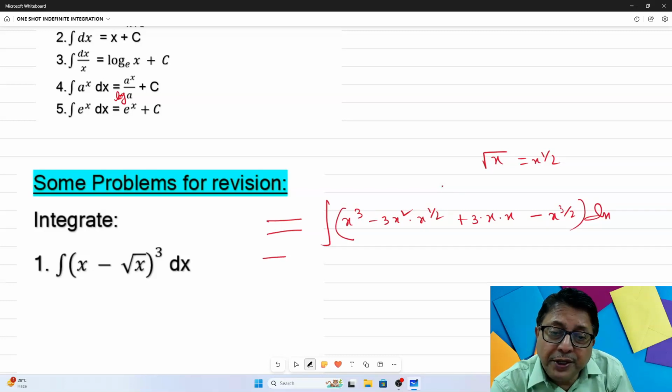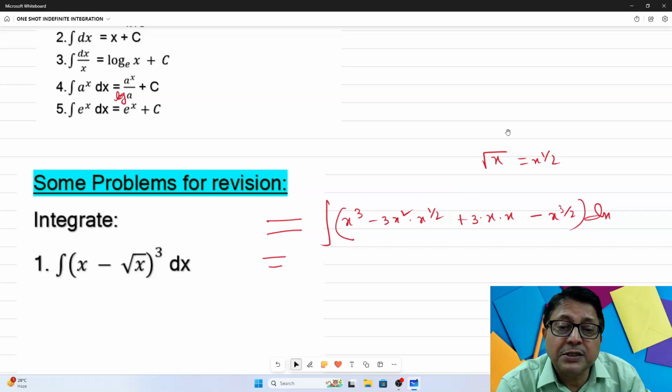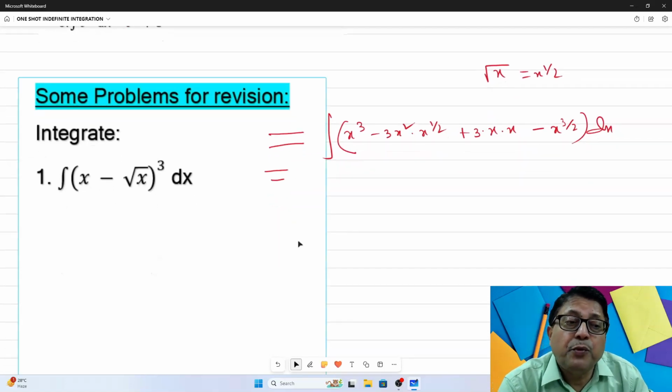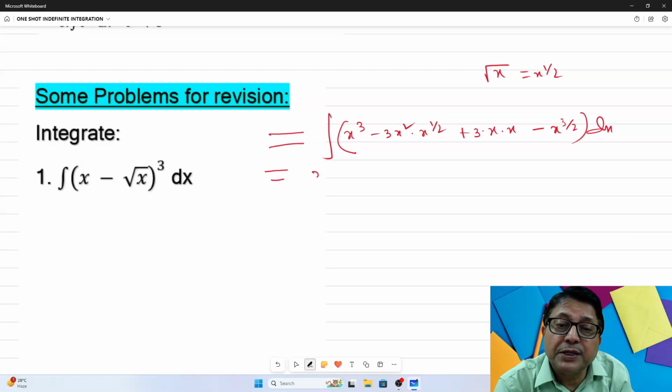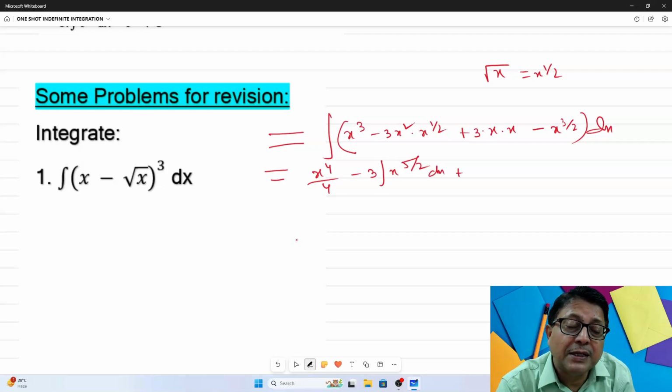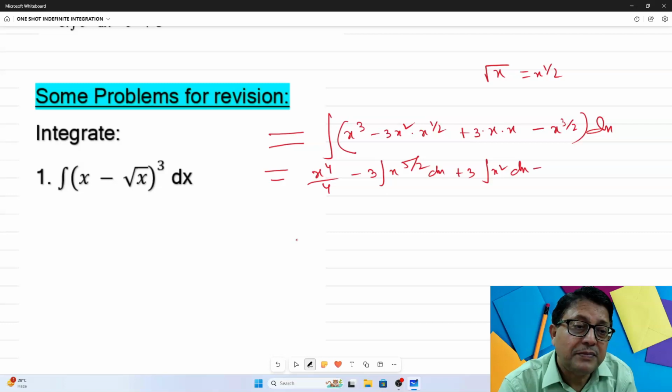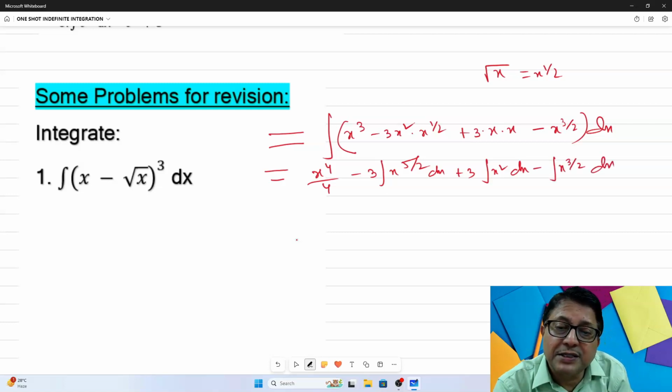Each time when you integrate, you get an integration constant, but we will write only one integration constant. This will give you x to the power 4 by 4 minus 3, this is 2 plus half which will give you x to the power 5 by 2 dx plus 3x squared dx minus x to the power 3 by 2 dx.